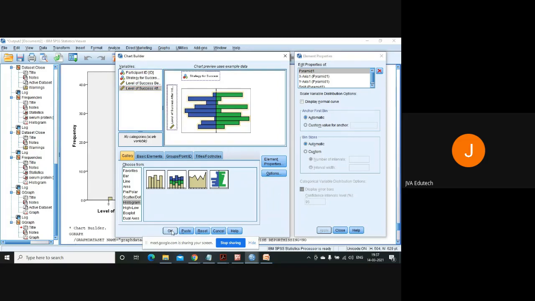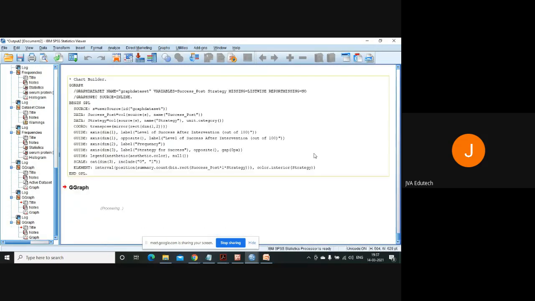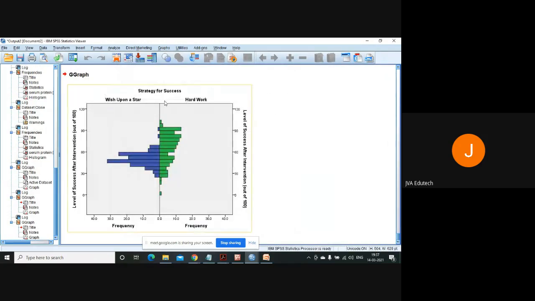And you can see, when you have data that is divided into two or more groups, then you can make this fourth kind of chart, which is known as the population pyramid. Here it will tell you some meaningful insights.